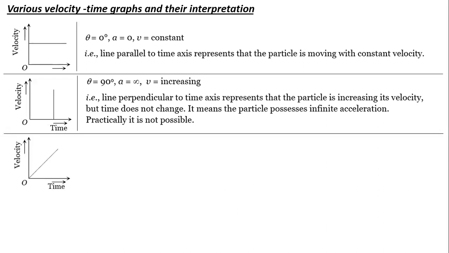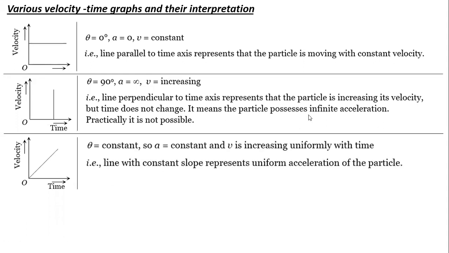Third, an inclined line means the angle is constant at every point. Angle constant, so acceleration is constant. It is accelerating with a constant value. It is not constant velocity; velocity is changing, but it is changing uniformly. So you can say your acceleration is constant, with velocity increasing uniformly with time.